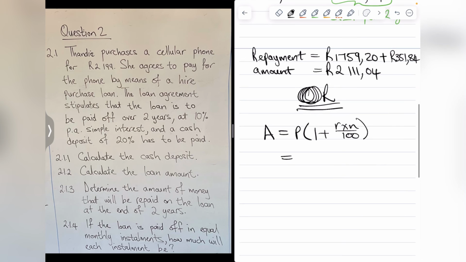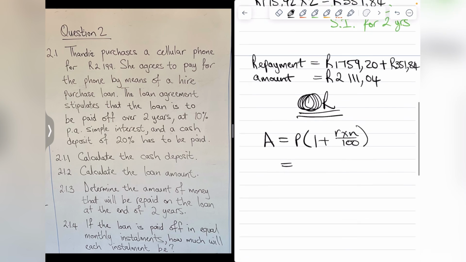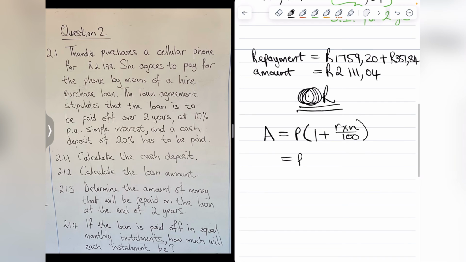So I want the value of A. The value of P here, of course, is the loan amount, which was 1,759 Rand and 20 cents. Inside the bracket, I've got 1 plus my interest rate, which for the simple interest was 10%. So it's 10 multiplied by how many years? It's 2 years, divided by 100.